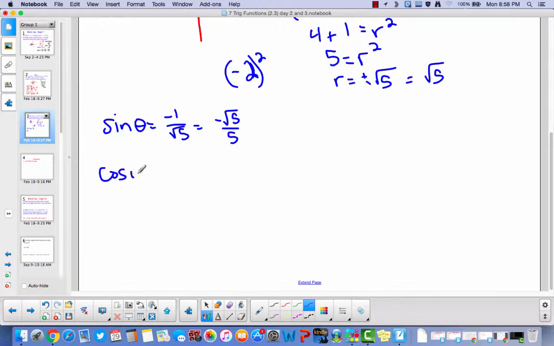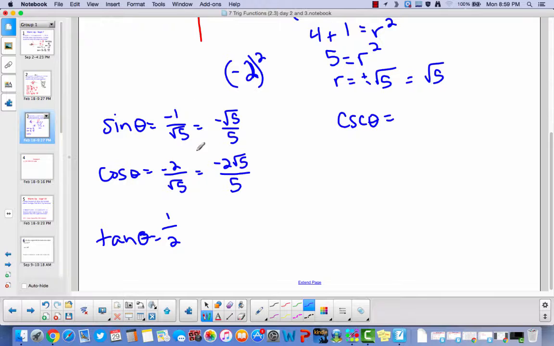Cosine of theta is x over r, which was -2 over the square root of 5. If we rationalize that, we get -2 square roots of 5 over 5. Tangent of theta we were given. That was 1/2. Oops, forgot my theta in here. Cosecant of theta, remember, is the reciprocal, 1 over this.